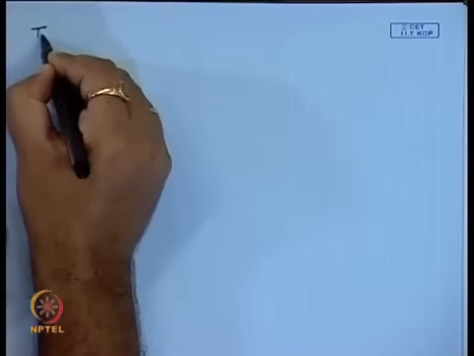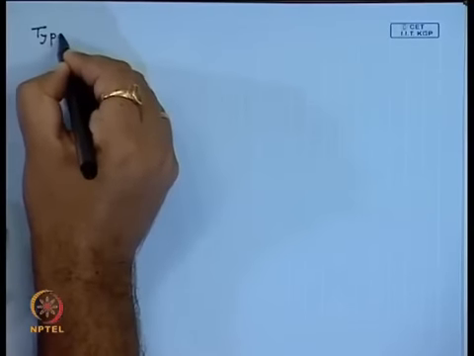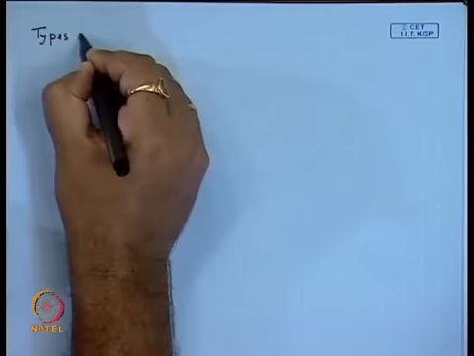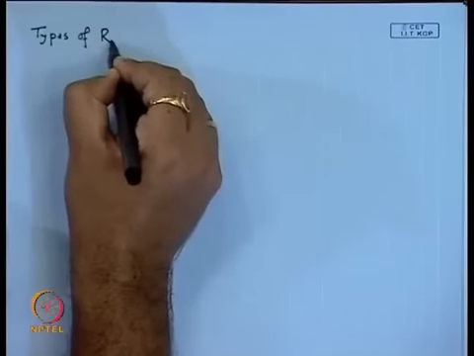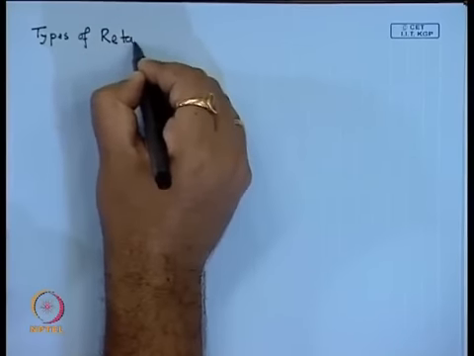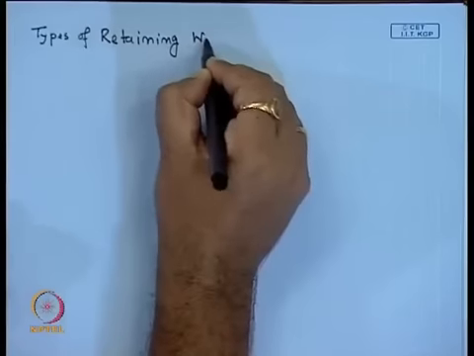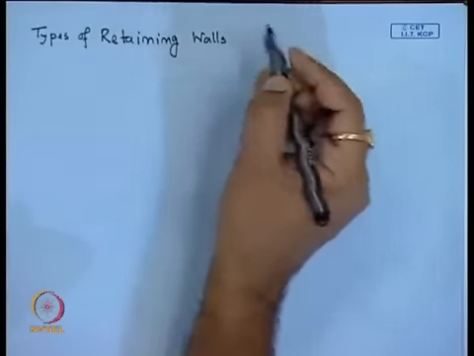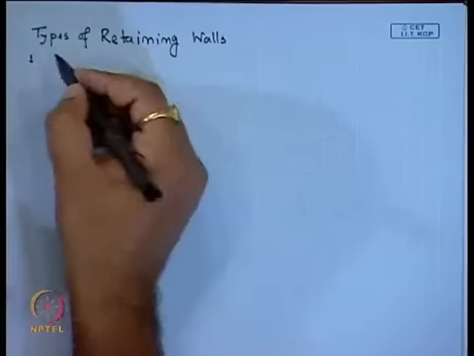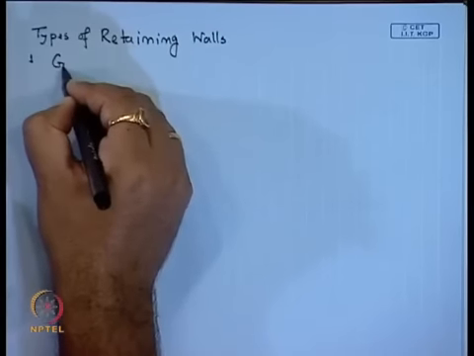Those things will be discussed in this class. First, I will discuss the different types of retaining wall. First, the types of retaining wall. The first one is the gravity retaining wall.